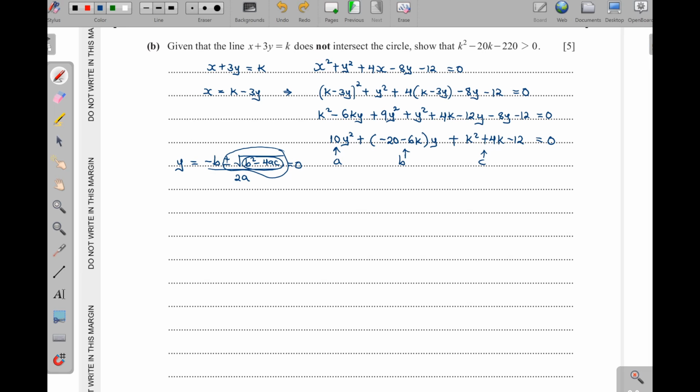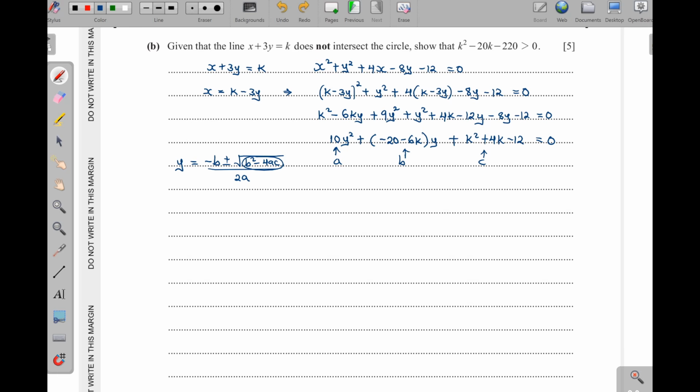Are we there? So in that case, the line becomes a tangent, because a tangent is that line that meets the curve at only one point. Now, suppose this b squared minus 4ac is greater than 0. That means you will be in position to get the square root of this, and you will consider the plus and the minus. So you're going to get two values here.